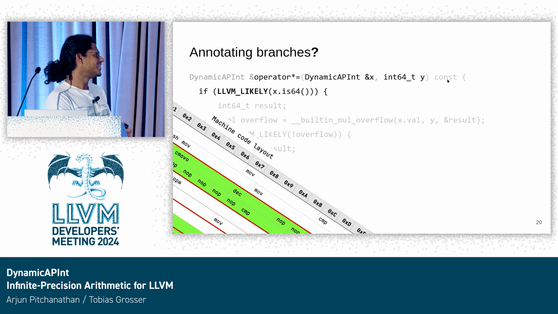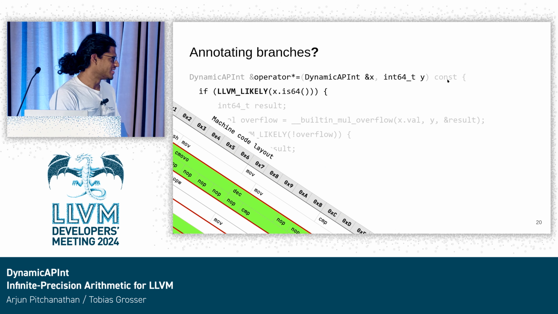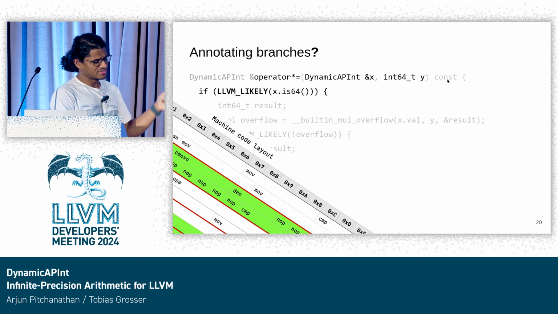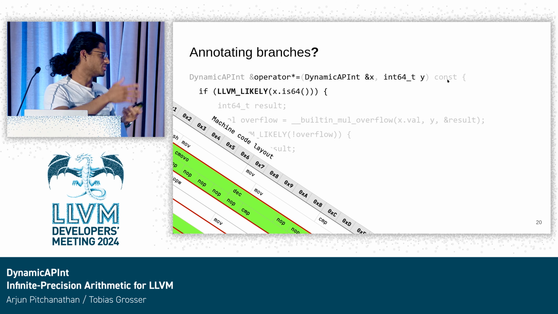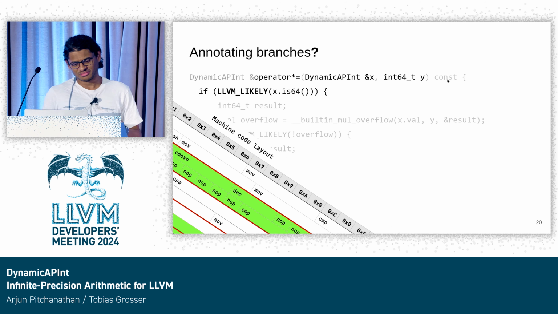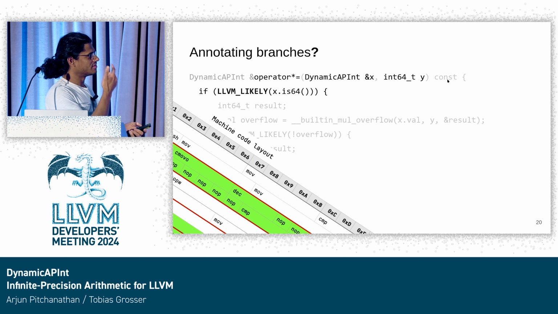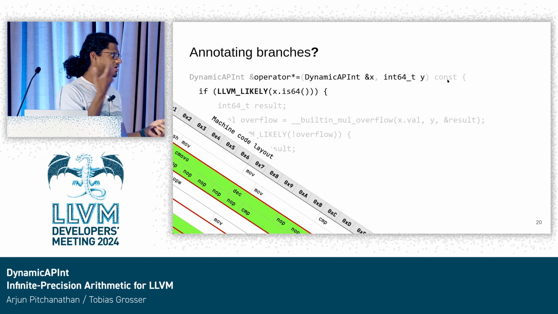But actually, it turns out that in AMD also you have the same thing with the code layout. And if you annotate some branches with some annotations like this, then you might change the ordering of basic blocks, and you might mess up the alignment, and it might actually become slower, which is what happened in one particular example, even though we annotated a branch that was always taken in the benchmark.